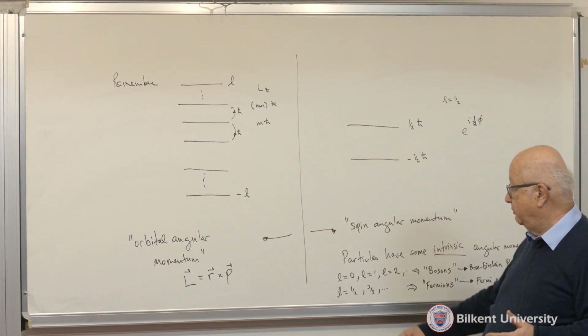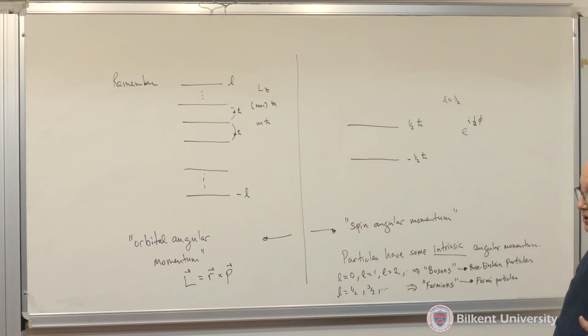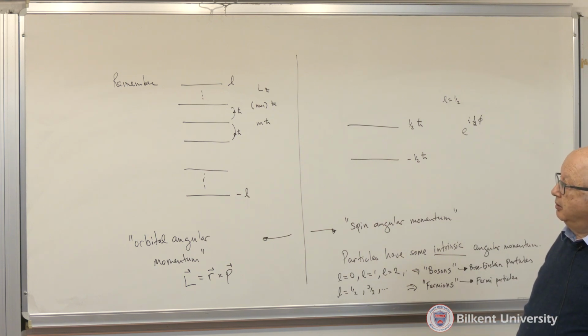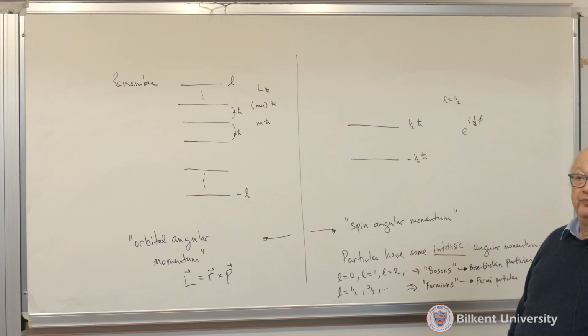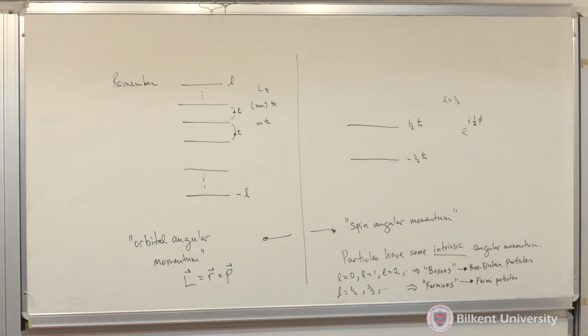Particles like photons are bosons, and all of the particles that we have been studying, things with mass, like the electron, the proton, the neutron, are all fermions, so they have different behavior compared to photons and so on. Now we have found that there is this new type of angular momentum, and we have to work with it. Well, the analysis is exactly the same because we start with the same commutation relations.